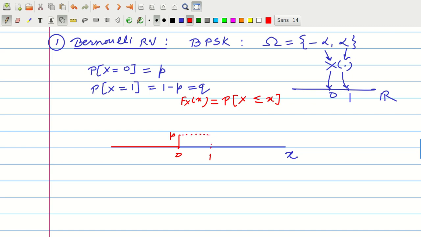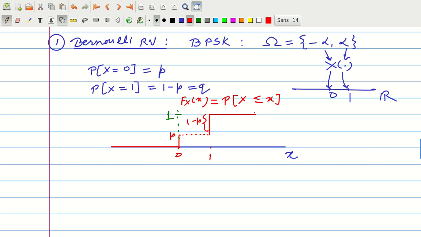The moment x is equal to 1, then this becomes probability capital X less than equal to 1, which includes 0 and 1 both. The probability of 1 is q, 1 minus p, so it is 1 minus p plus p, so this whole is actually 1, which a CDF should be. So this is 1, and then it remains 1.